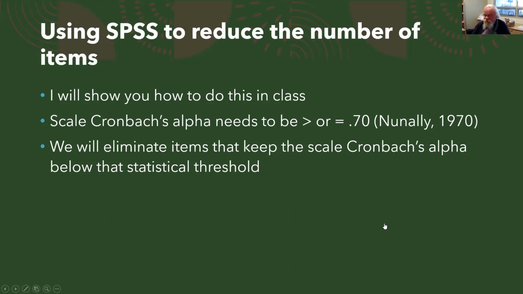All right, and then after we do the reliability analysis, you'll see which items on your scale were not very good, okay? And we'll eliminate those and just keep the good items that were on your scale, based on the statistical analysis, okay? And I'll show you all this in class, you know.